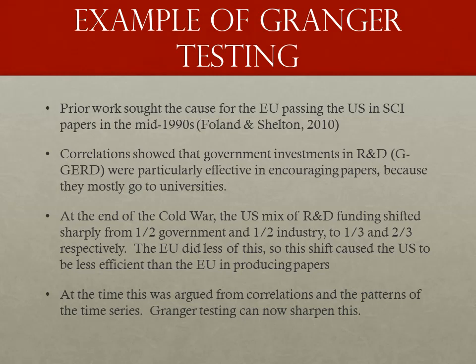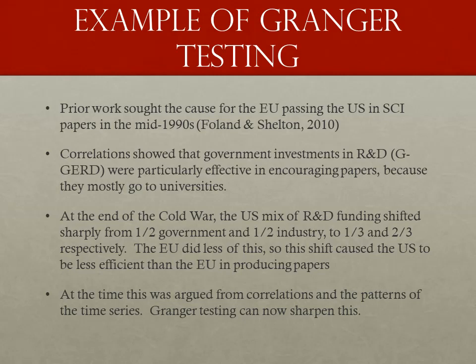At the end of the Cold War, the U.S. mix of R&D funding shifted sharply from half government, half industry to one-third and two-thirds respectively. The EU did less of this shift, so this caused the United States to be less efficient than the European Union in producing papers.